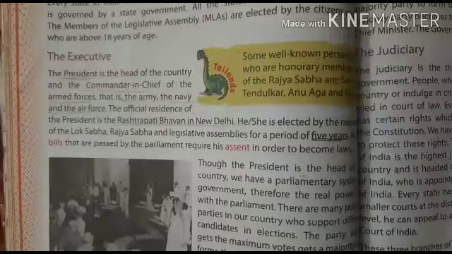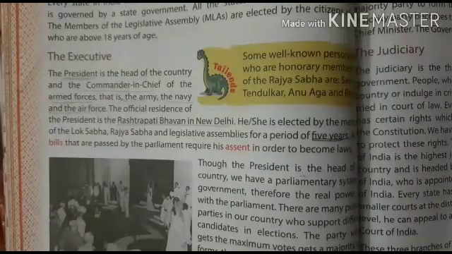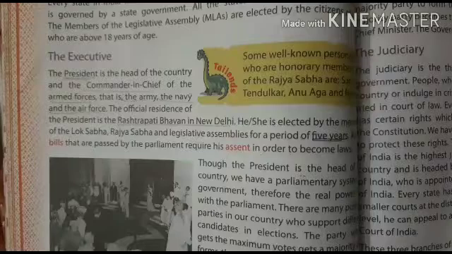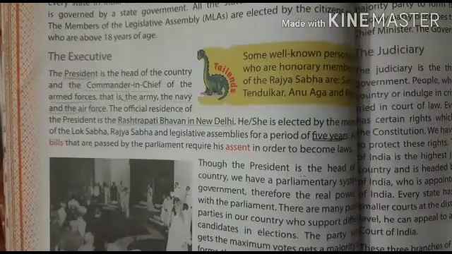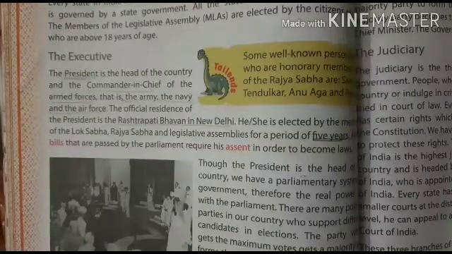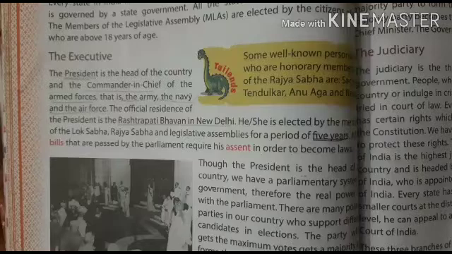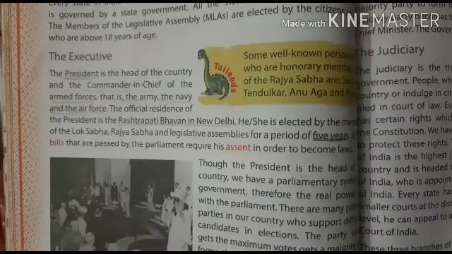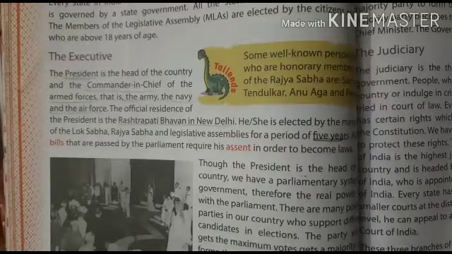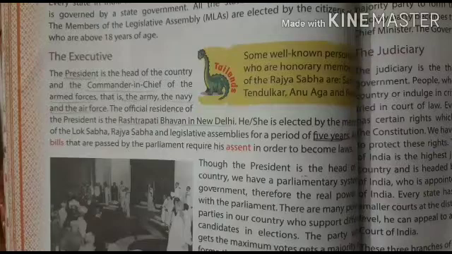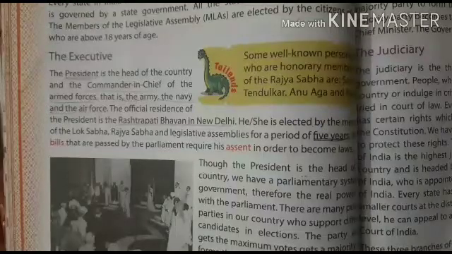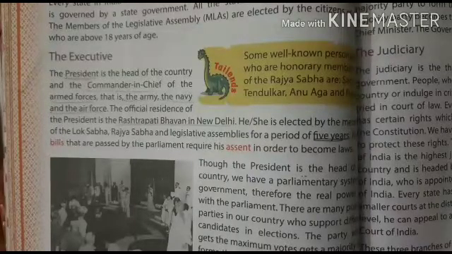Suppose I give you something to write, and being your teacher, if you show me your homework, it is my duty and responsibility to approve whether the answers you have written are correct or not. If I say it's correct, that means it's correct. But if I say this is not correct, you need to make changes, then you have to do it. So this is the work of the president.